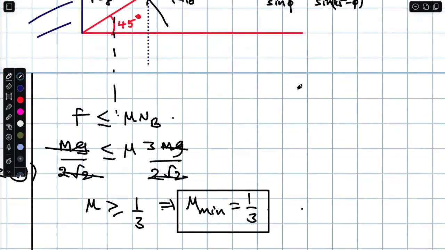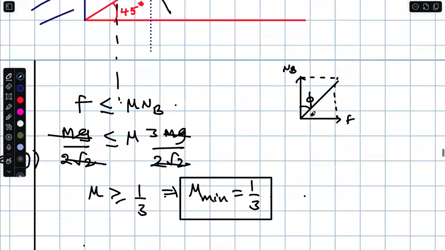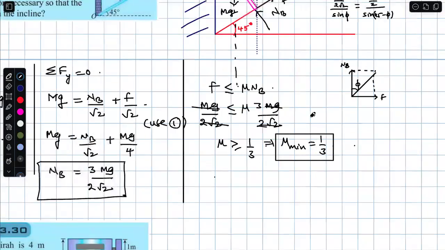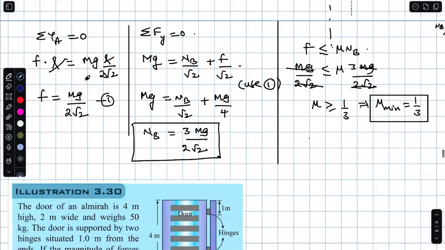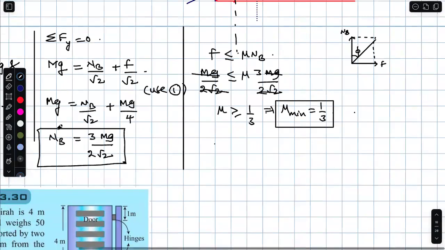Simple. In a vector quantity, this is NB and this is friction. This is phi. You can get F from that diagram because anyway you know what is F. If you want to find NB, you can get it from that.